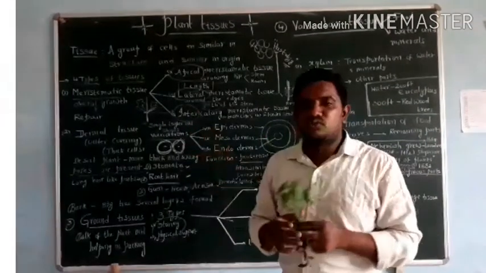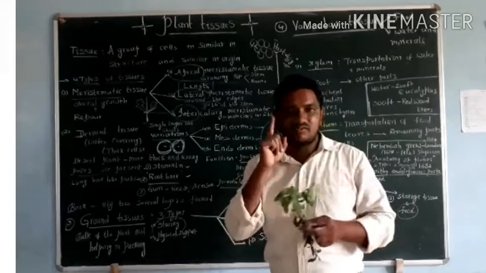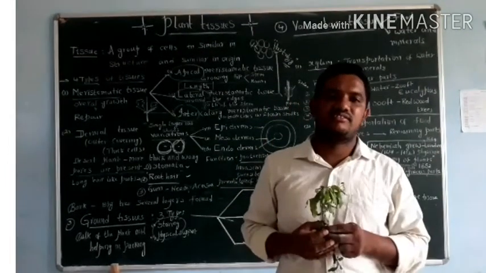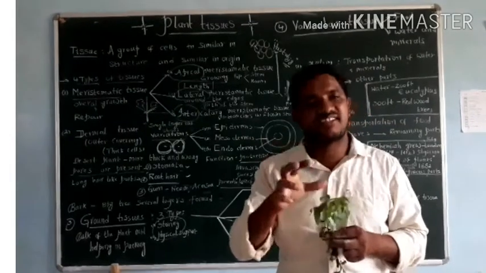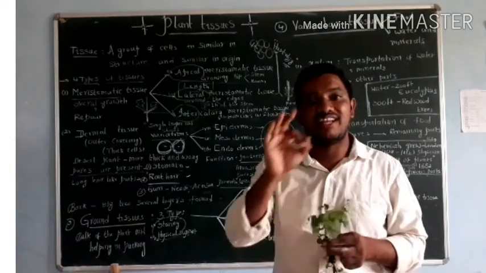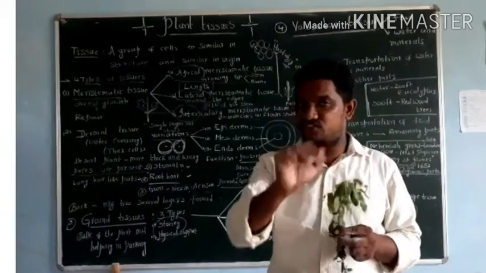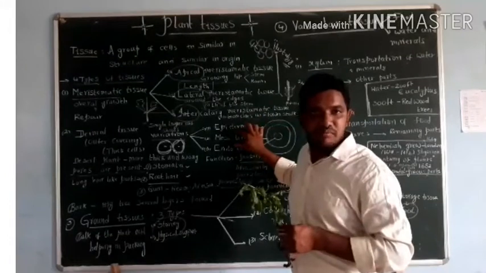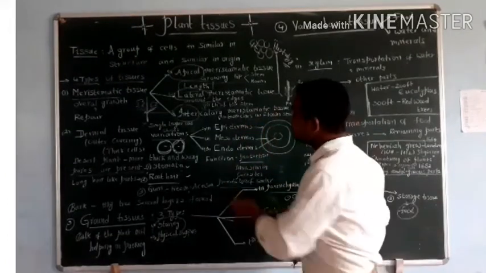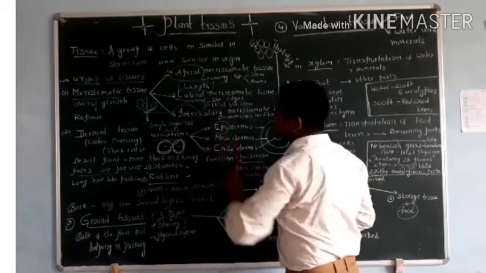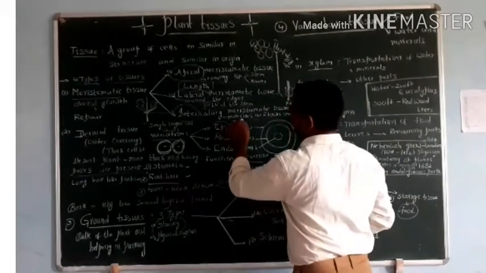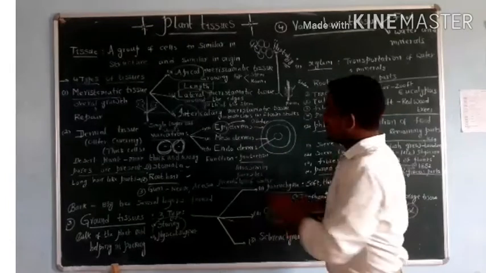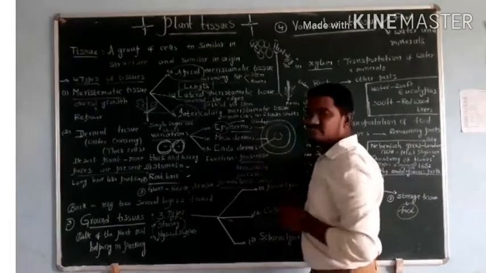Actually, dermal tissue forms a single layer, but it shows variations. There are three types of variations in dermal tissues: epidermis, mesodermis, endodermis. In the Greek language, epi means outer and dermis means membrane.